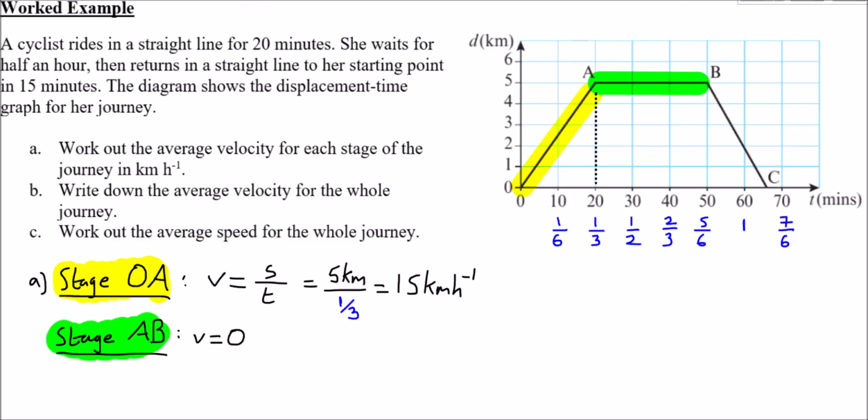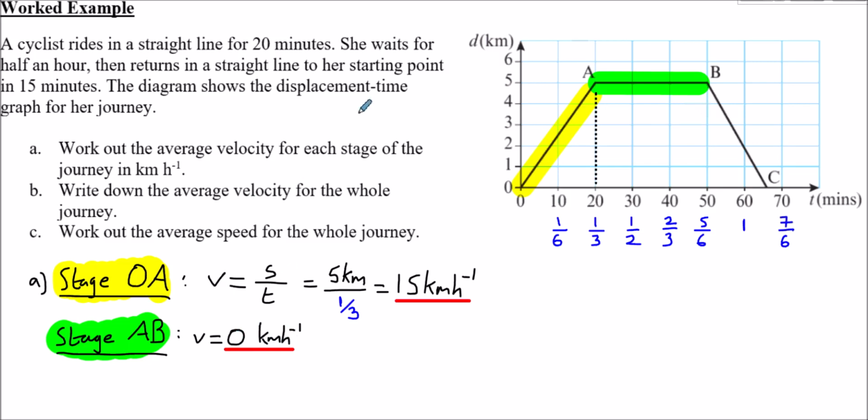So we've got so far a velocity of 15 kilometers per hour for the first bit, and for the next bit a velocity of 0 kilometers per hour. Units aren't as important here. A velocity of 0 is going to be 0 no matter what units you use. But anyway, may as well include them, I suppose.